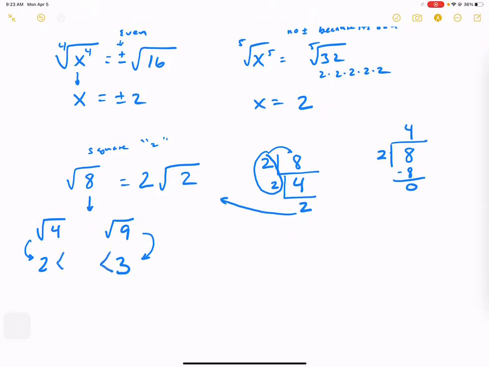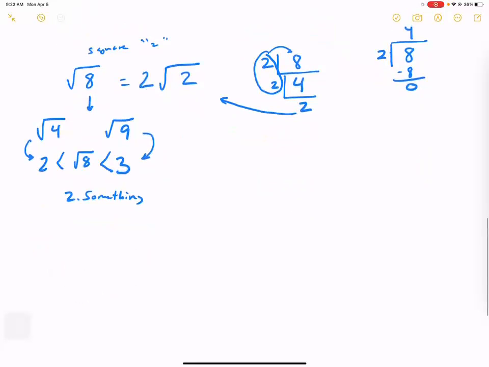It's going to be a decimal, right? Because square root of 8 is somewhere stuck between square root of 4 and square root of 9. So it's going to be 2 point something. And without a calculator, that's really what we're stuck with right now. There are ways of calculating what that square root would be to several decimal points, but why bother? You have a calculator for that. But at least without a calculator, you know it's 2 point something.